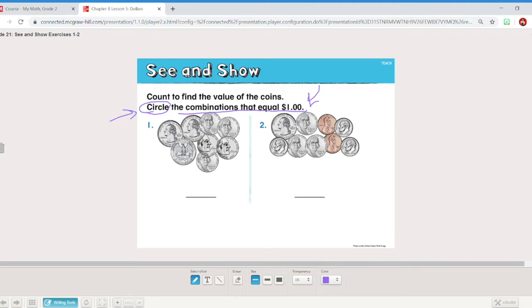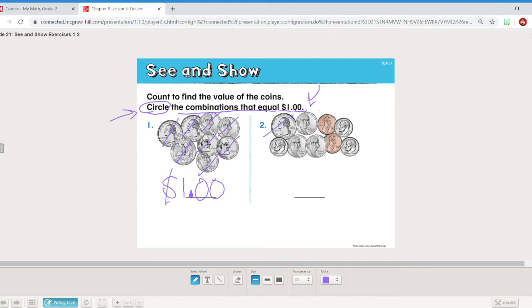Only those ones that equal $1. Let's count. 25, 50, 75. And we have a bunch of nickels. 75, 80, 85, 90, 95, 100. 100 cents is the same as one, don't forget your decimal point, dollar.